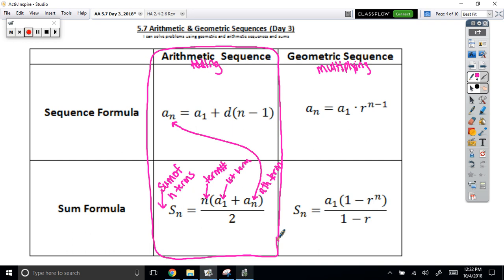Now in the geometric formula, if you look at our geometric sum formula, which is to, again, add up so many terms, this will still be the sum of n terms. We have our first term. And then remember, R is the number you're multiplying by every time, and it's called the common ratio.